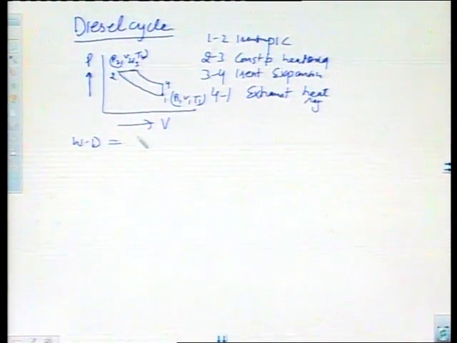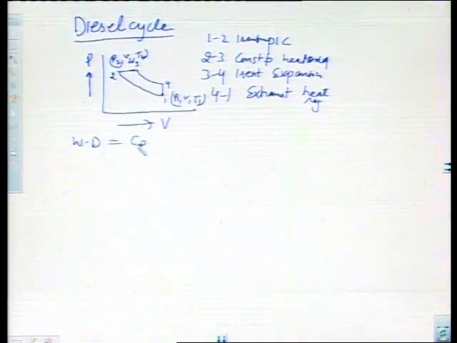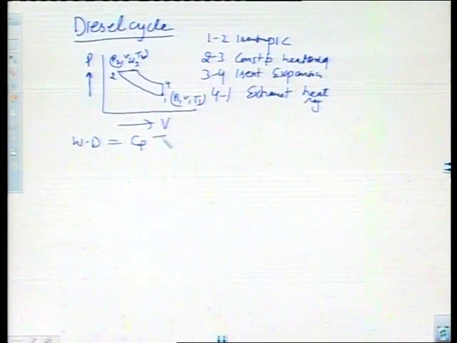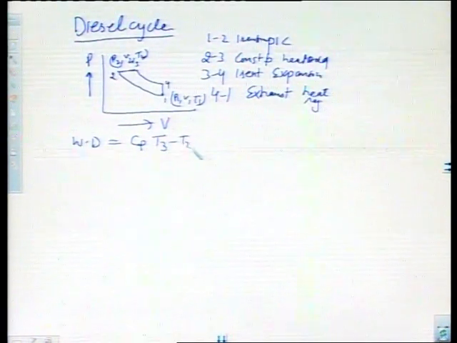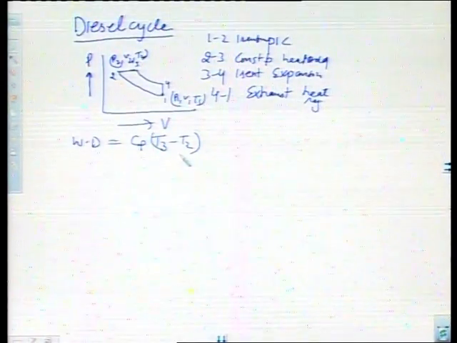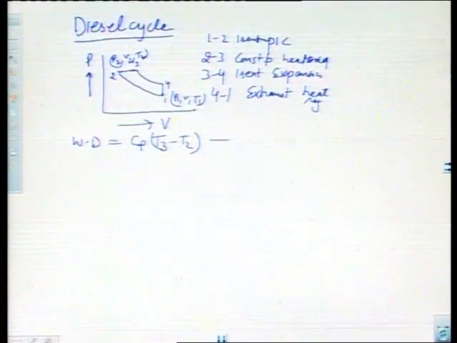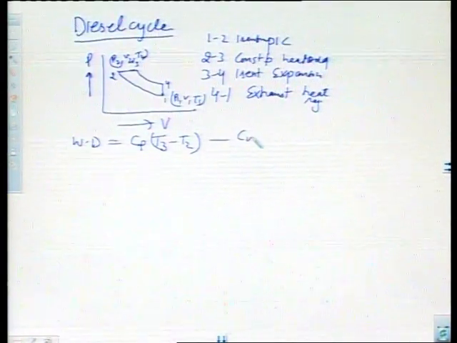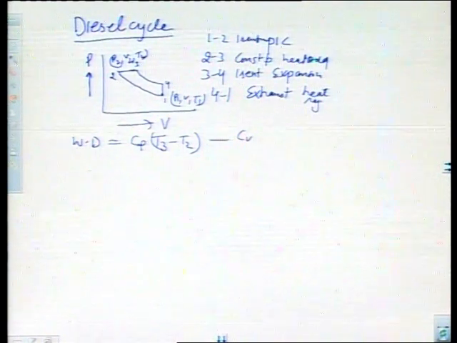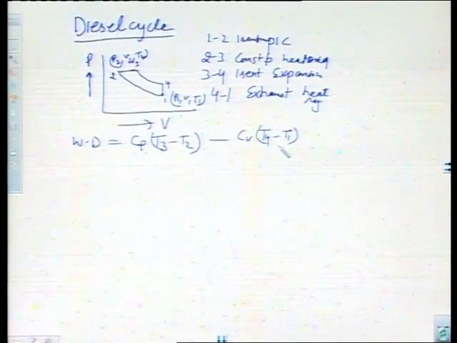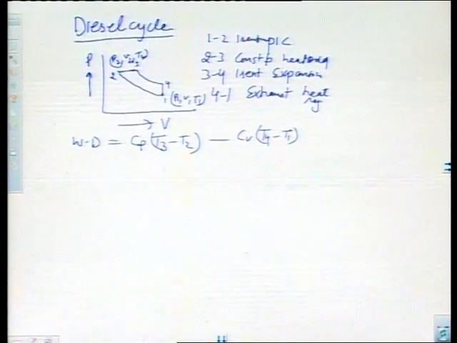So, we will write here the specific heat at constant pressure Cp, and the change in temperature is T3 minus T2, minus heat rejected. What is the heat rejected here? The 4-1 process, which is at constant volume. That means you have to take the specific heat at constant volume, and the temperature difference is T4 minus T1. So, this is the work done.